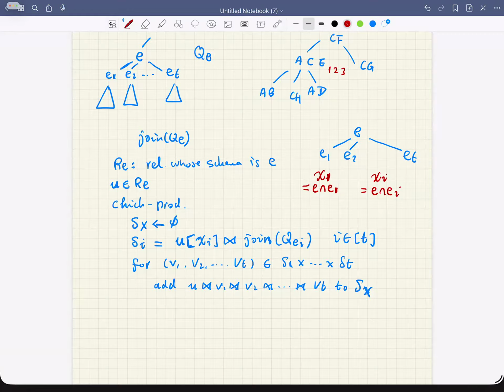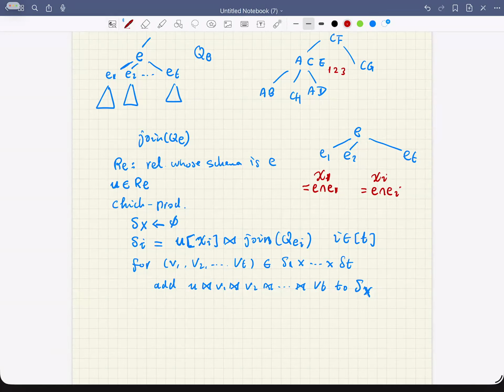When I talk about a subjoin of ACE, there are 4 relations here, right? You think about the following way to compute the part of the subjoin result that is related to 1, 2, 3.